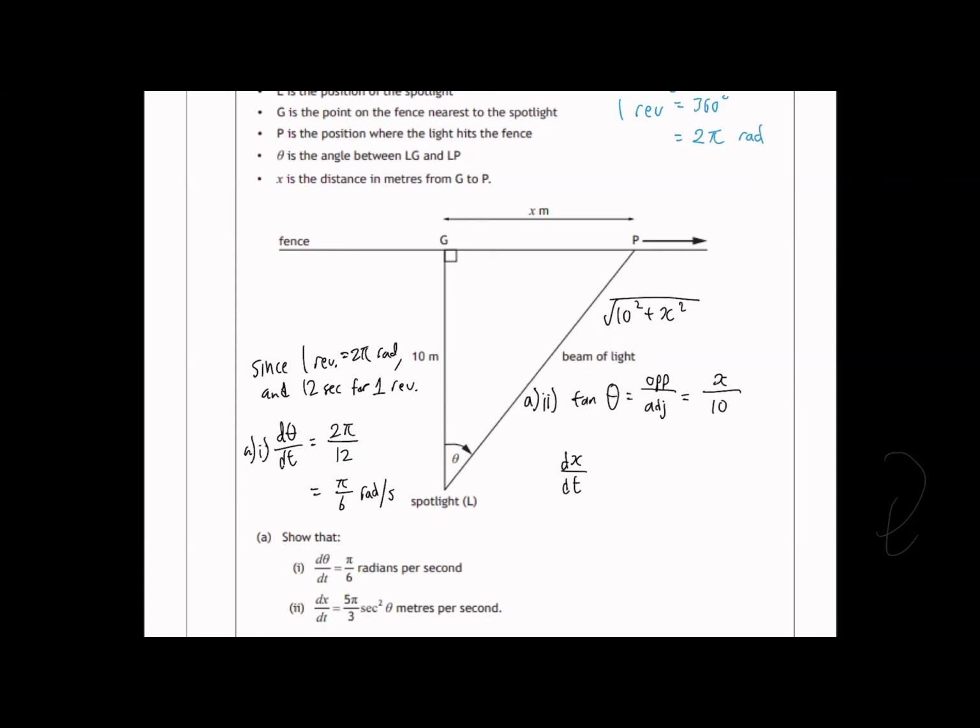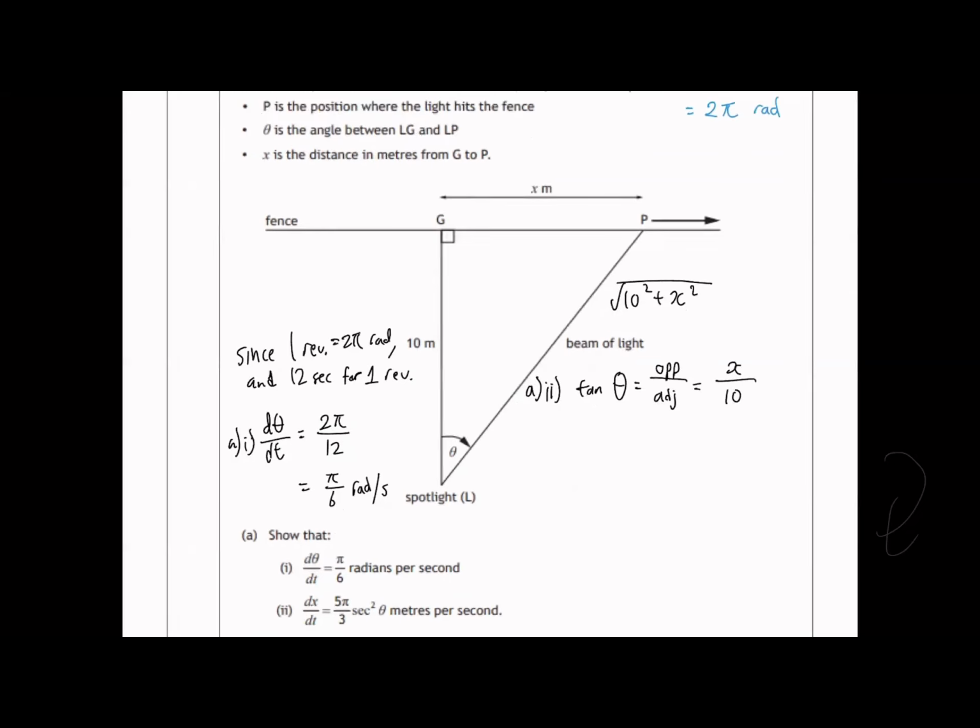Then we get secant square theta. Then how do you continue?